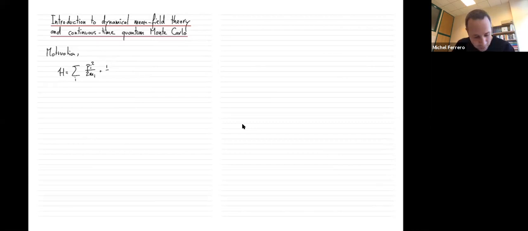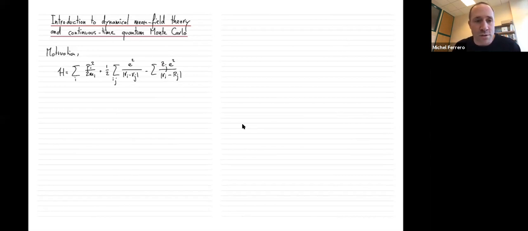A term which describes the electronic repulsion between those electrons, which goes like e squared divided by the distance between two electrons, and a term which is connecting the electrons and the ions, which involves the number of positive charges in the nucleus and the electronic charge, which again is divided by the distance between the electron and the nuclei.